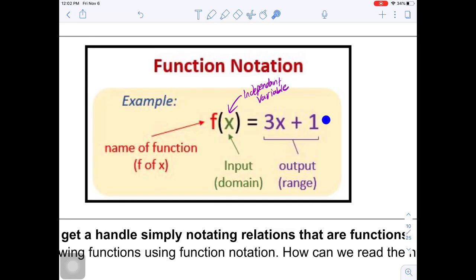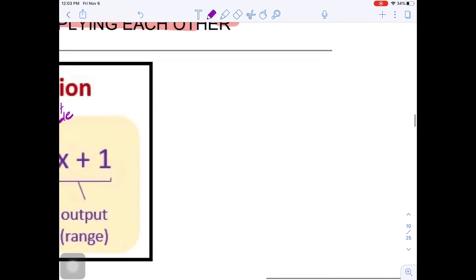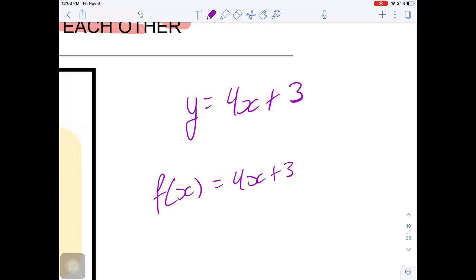So with 3x plus 1, I'm going to plug in a number at x and plug it into my equation. Remember that original equation, y equals 4x plus 3? I'm going to instead set that up as f of x equals 4x plus 3. The name of my equation is no longer y, it's known as f, or f of x.